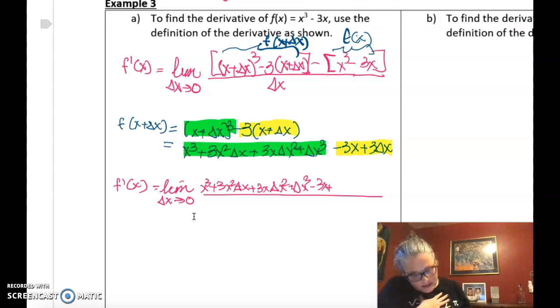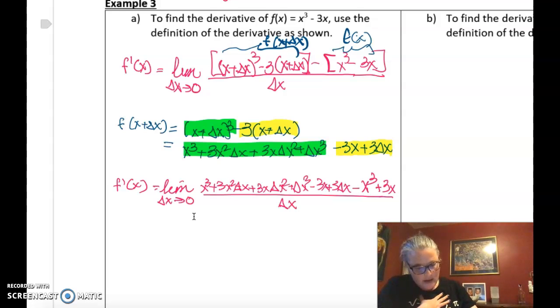Plus 3 delta x minus x cubed, minus becomes a negative because we distribute the negative, it becomes a 3x, like that, all over delta x.